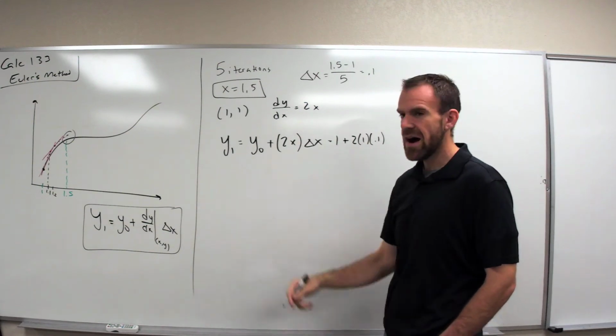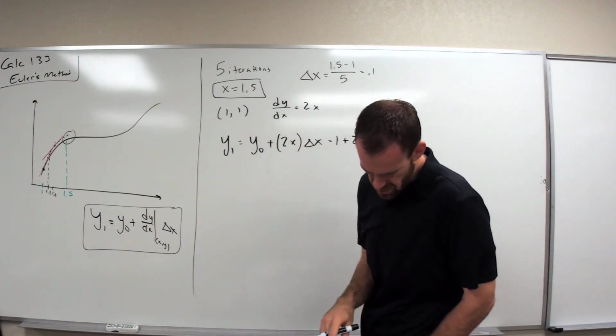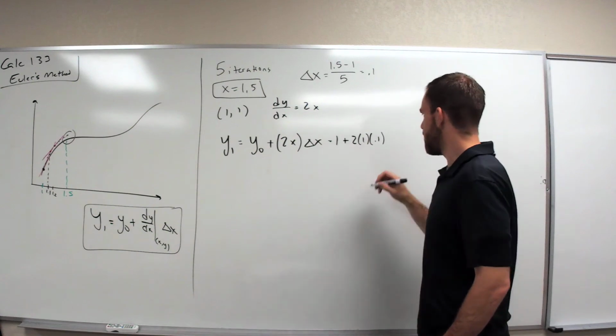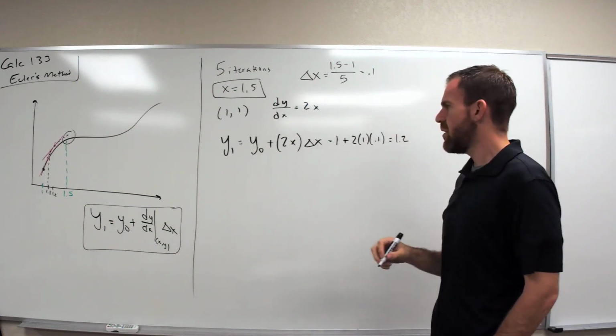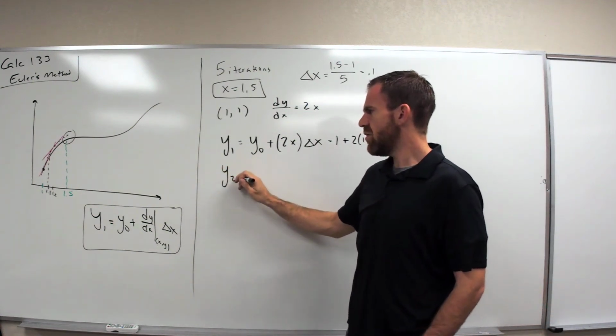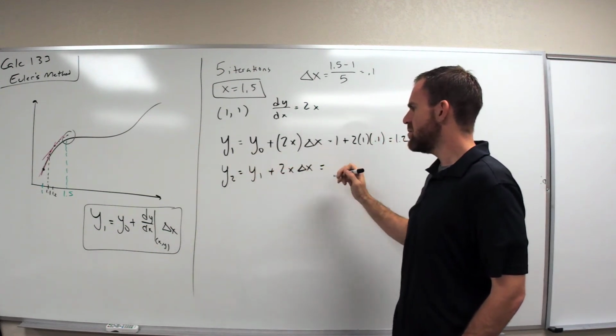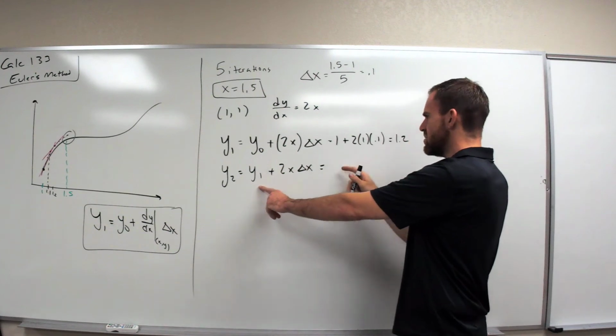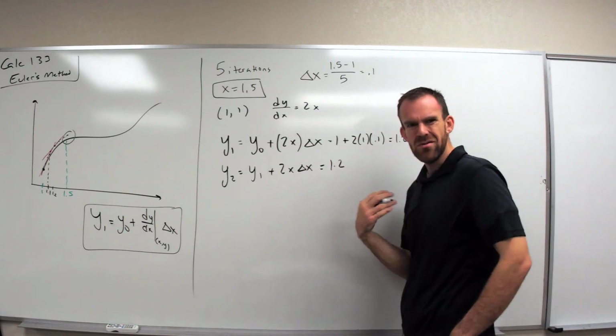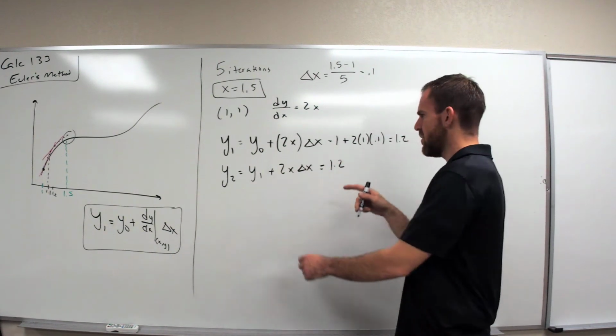So this gets me y1, which is 1.2. Then I'm going to find y2. y2 is y1 plus 2x delta x, which is, well, my y1 was 1.2. This is like Newton's method, one of those iterative ones.